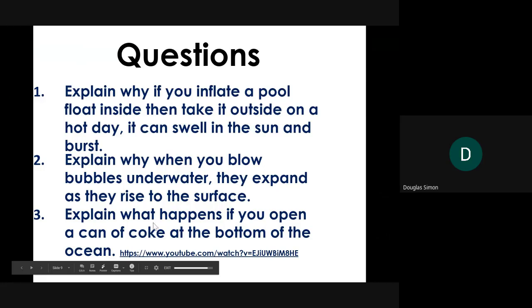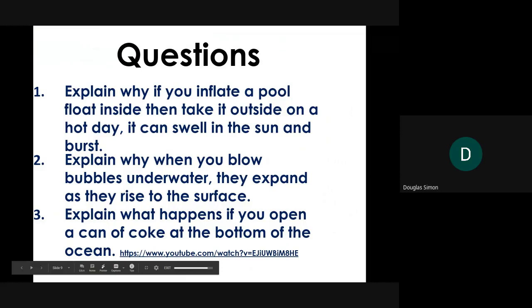And then question 3, you can type this link in, or I'll put this in the Google Classroom. It's a good video of Chris Hadfield opening a can of Coke on a submarine. When you go to a submarine at the bottom of the ocean, the pressure inside does increase. Obviously, it doesn't increase as much as it would outside because it would be squashed, but it does increase a bit.